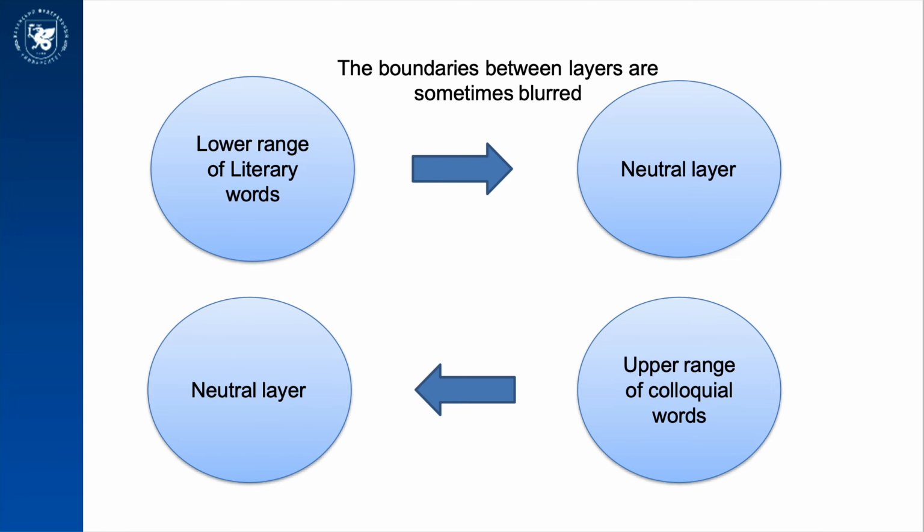Okay, so it's very important to understand and remember that the boundaries between layers are sometimes really blurred. Like an old photo, it means that sometimes it's not easy or even impossible to say which word belongs to which layer exactly. Sometimes the lower range of literary words can turn into the neutral layer, or the upper range of colloquial words.